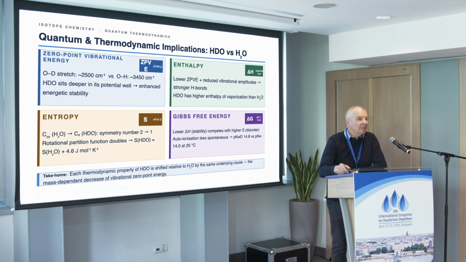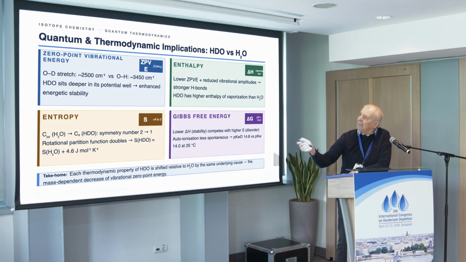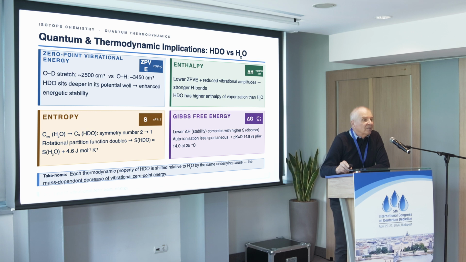So the first thing is the zero-point energy. That's the basis of everything. You have a change in the zero-point energy that stabilizes the deuterium compound. The next thing is the enthalpy.